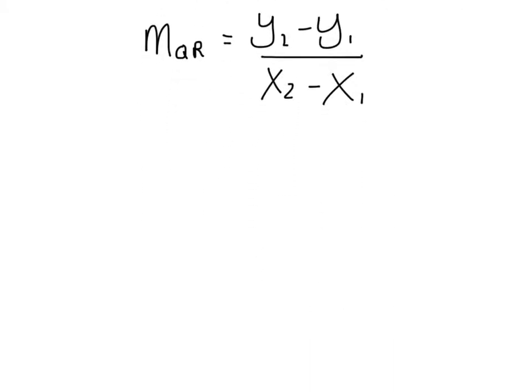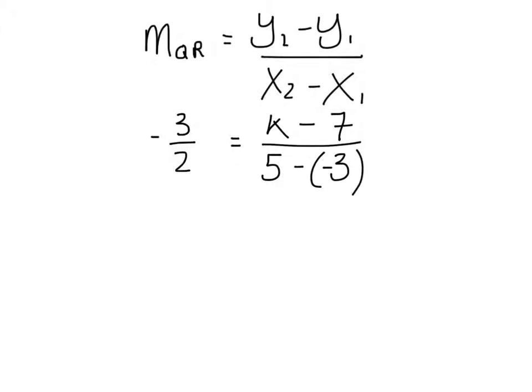We already know the gradient of QR is negative 3 over 2, and y2 is k take away y1, which is 7, over 5 take away negative 3. That gives us negative 3 over 2 equals k take away 7 over 5 take away negative 3, which is 5 plus 3, which is 8.